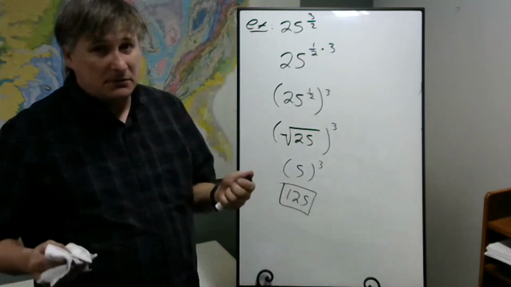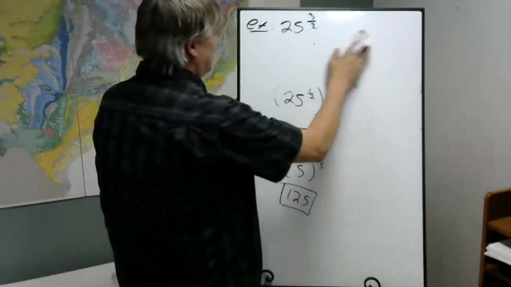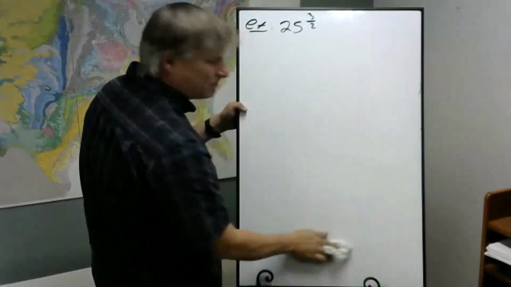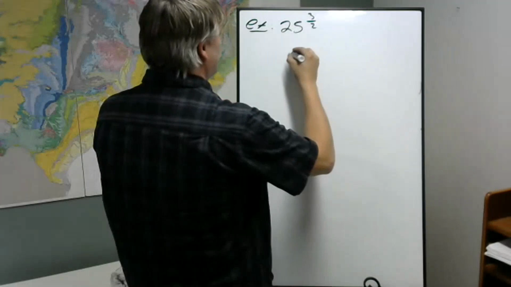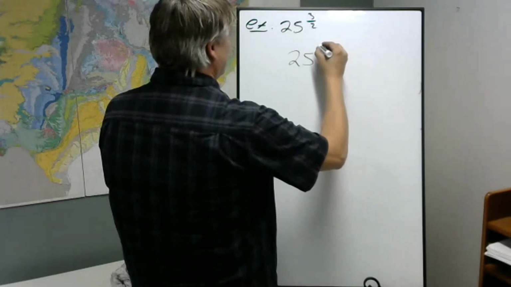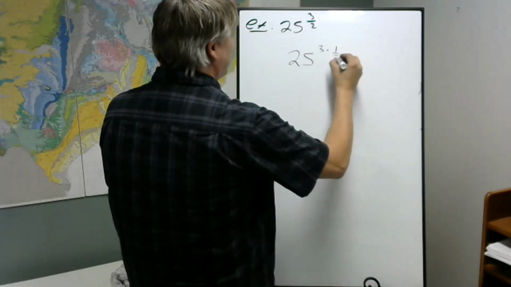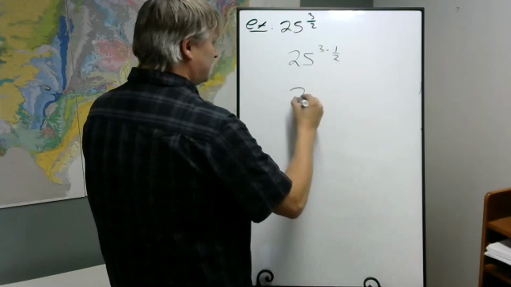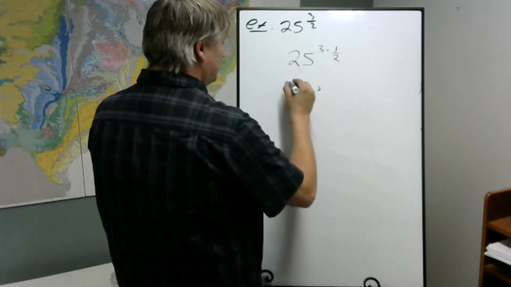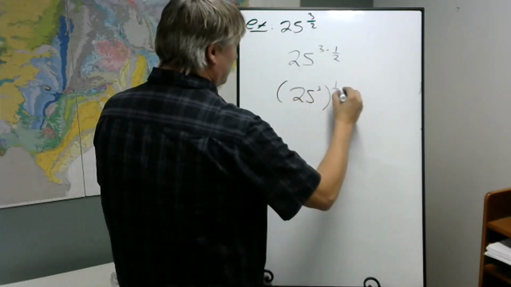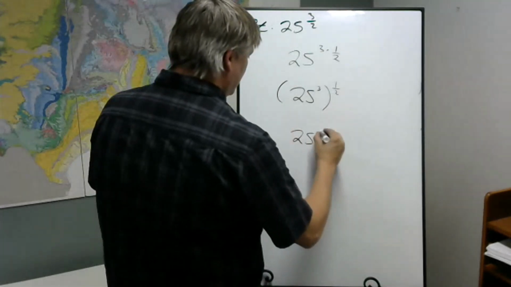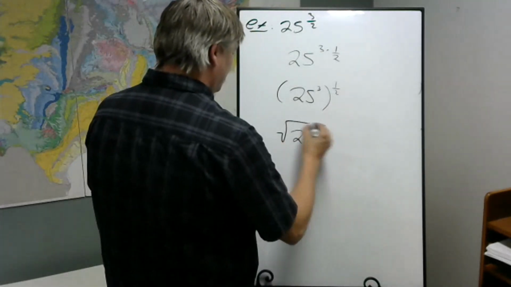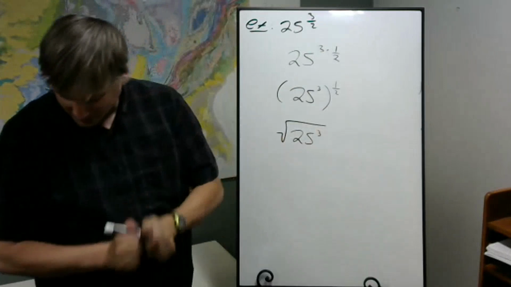Now, you could do this the other way. And the other way, I think, is going to be much harder. We could treat this as 25, 3 times 1/2, or 25 cubed to the 1/2, or 25 cubed, we'll square root it.